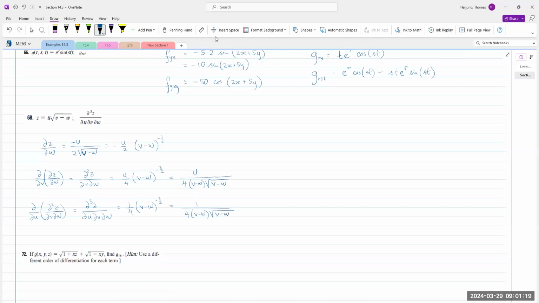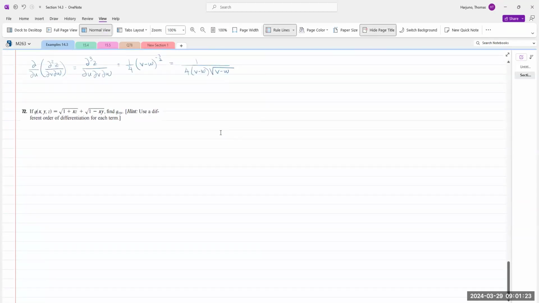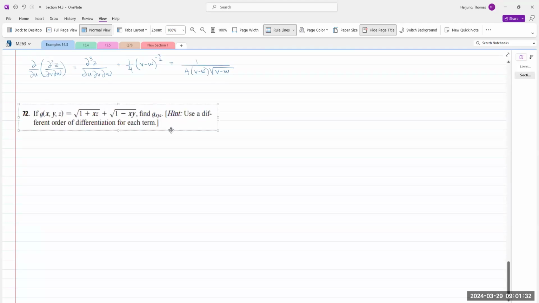Okay, now number 72, we start thinking a bit. We have this ugly function here, and we need to find the partial with respect to x, then y, then z.